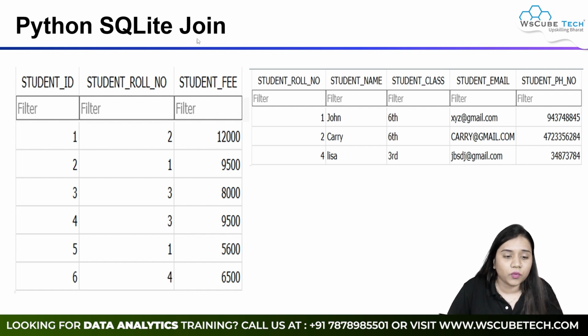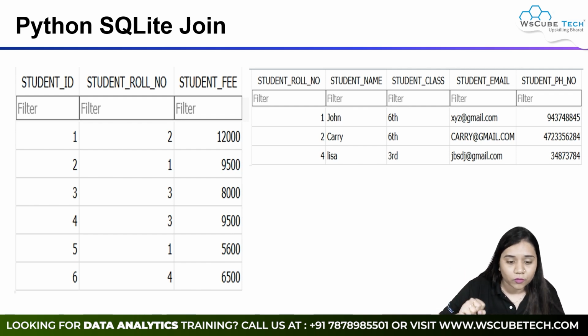Now, if I see this file, it would be very difficult for me to understand that roll number 2 has paid 12,000 but I don't know who roll number 2 is. If I completely ignore the other file and just look at this file, I don't know which student has provided me with the 12,000 amount of money.